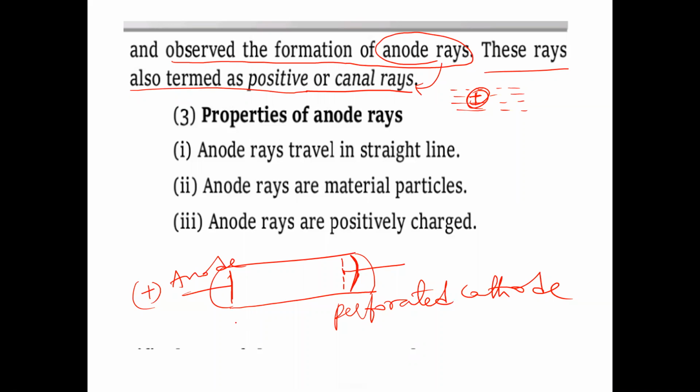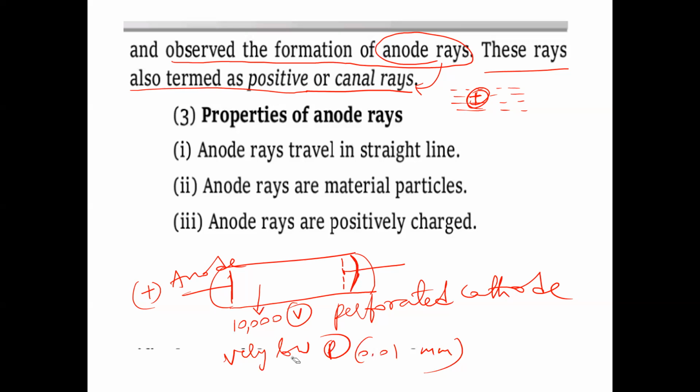Now, inside this discharge tube, we apply a very high voltage, 10,000 volts, and very low pressure, nearly 0.001 mm, or 10 power minus 2 mm.